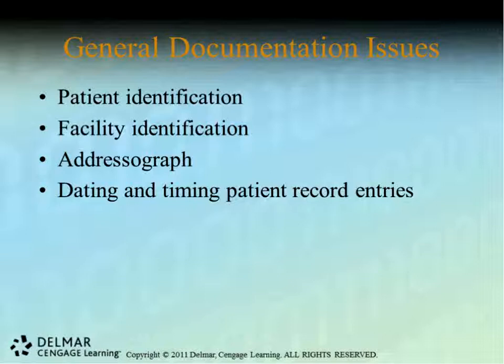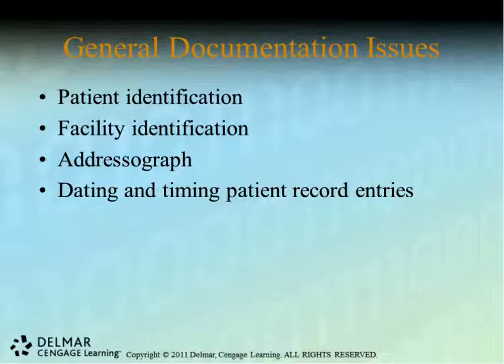Also, what you may see in your book, if you look on page 122, figure 6.1, is what we call an addressograph machine. Some facilities may use this machine in which they create imprints on all of their forms, so they get the facility information and the patient information on each form. What they use is almost like a credit card, those old-fashioned ones, when you put your credit card in the little form and you go across it real quickly and it makes an imprint.